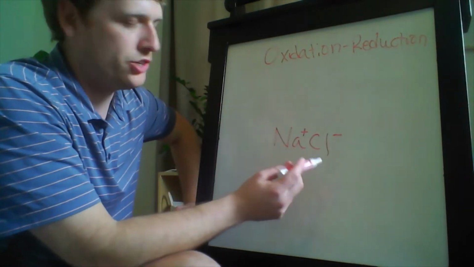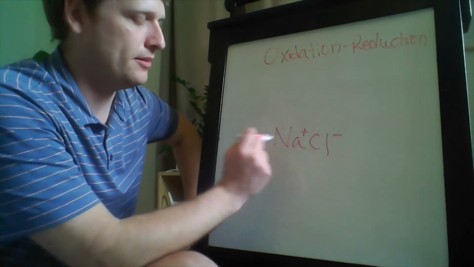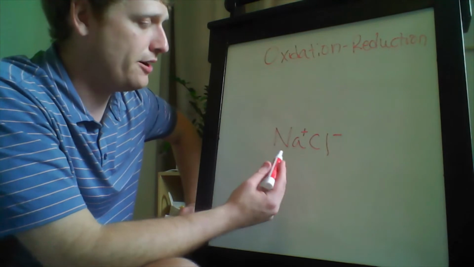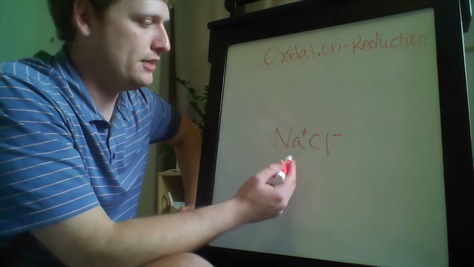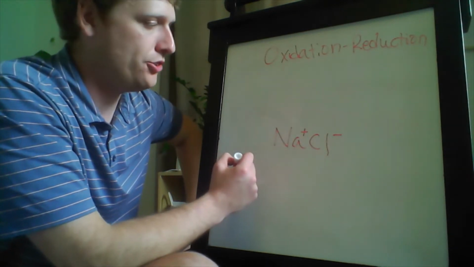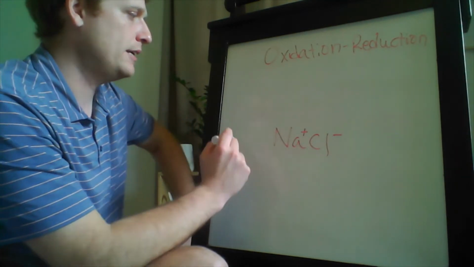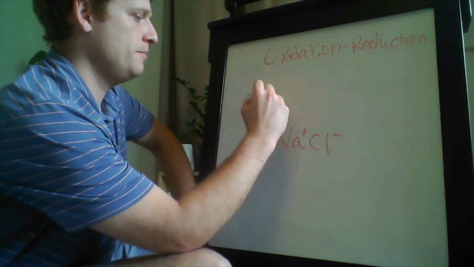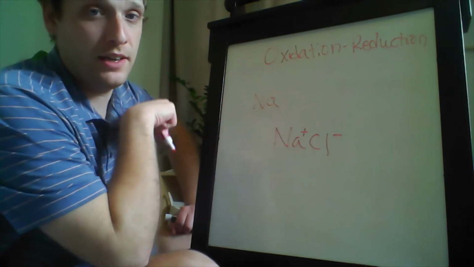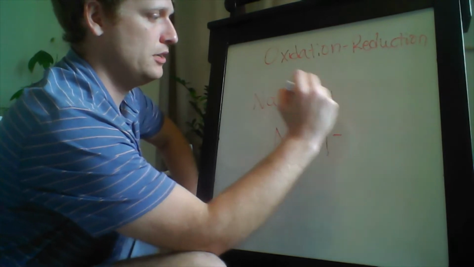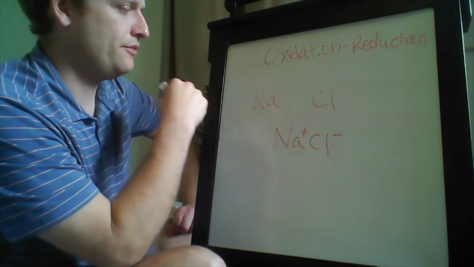So these are not actually sharing, the sodium and chlorine are not sharing a pair of electrons. What they're doing is sharing an ionic bond. They both carry a charge. So what happens to produce sodium chloride? Well, you have sodium, which is not very electronegative. You have chlorine, which is very electronegative.